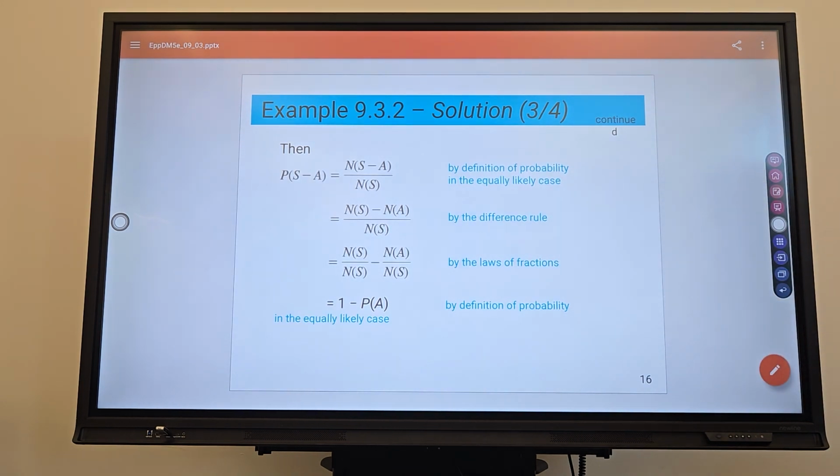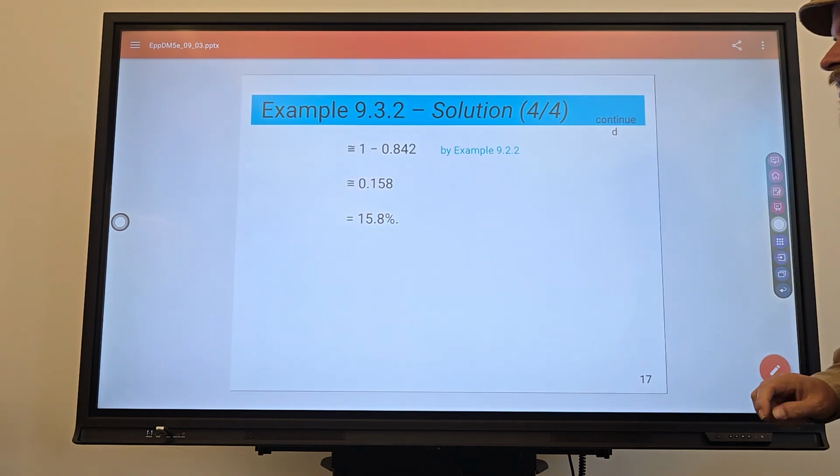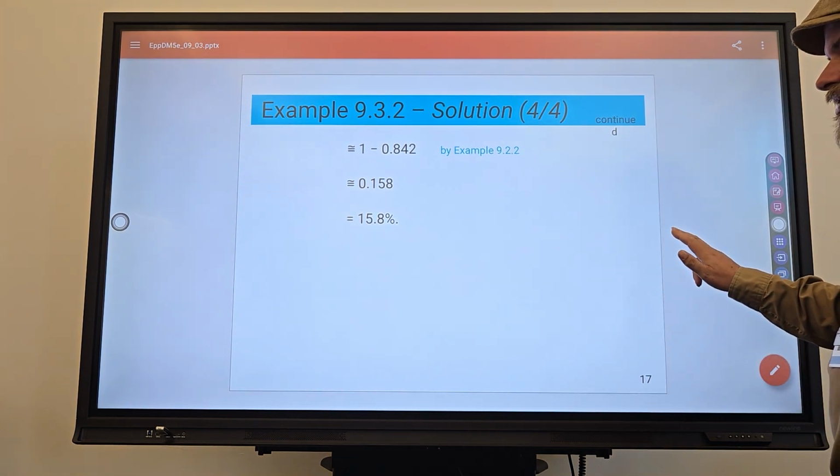Now P of S minus A is equal to N of S minus A over N of S, which equals N of S minus N of A over N of S. Separate those out by the law of fractions: N of S over N of S minus N of A over N of S, which equals 1 minus P of A. In this case that equals 1 minus 0.842, or 0.158, or 15.8%.